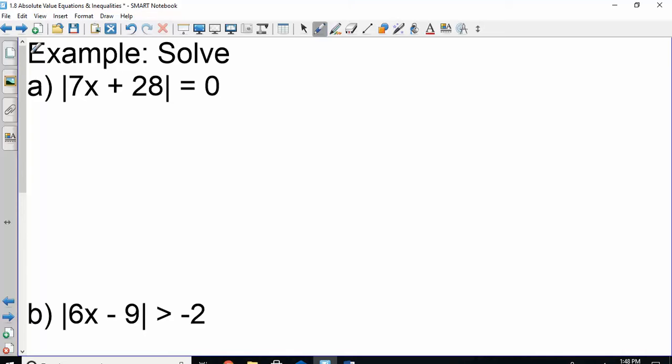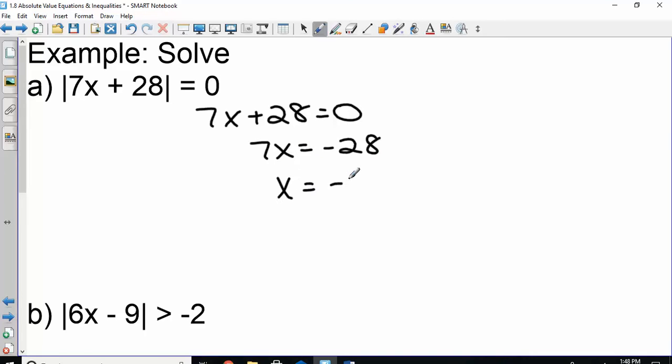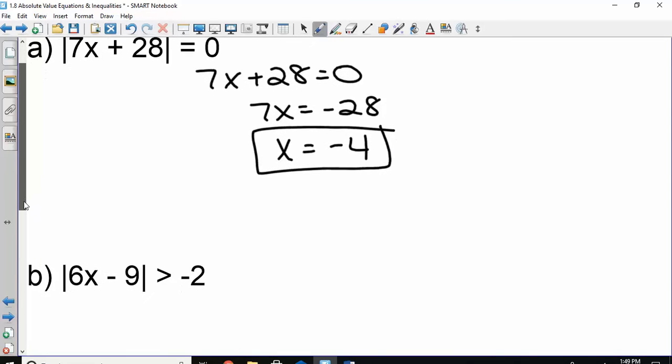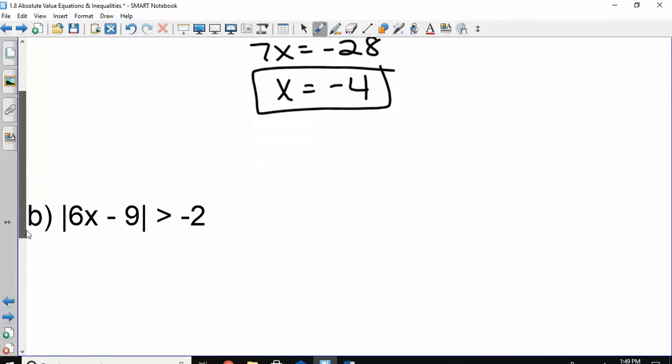So how many equations do we end up solving? Just one. By 7 and we just get negative. B.